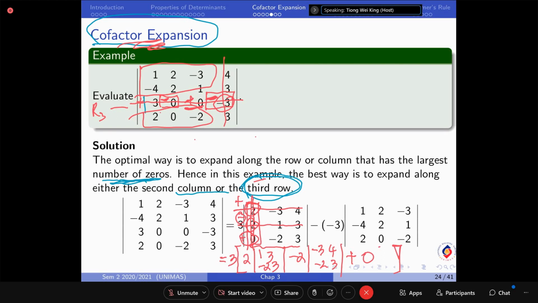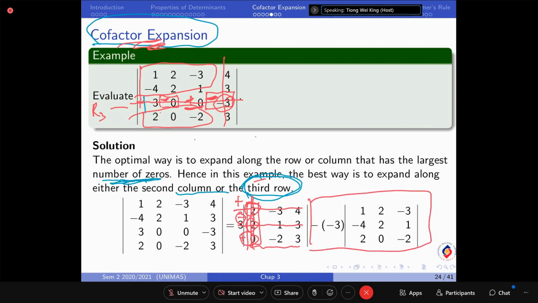For the second matrix, negative 3, so you have plus 3, and then you open a big bracket. Again, choose a row or column that has many 0s. So let's say I choose which.